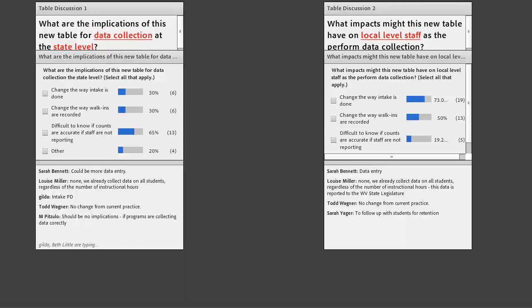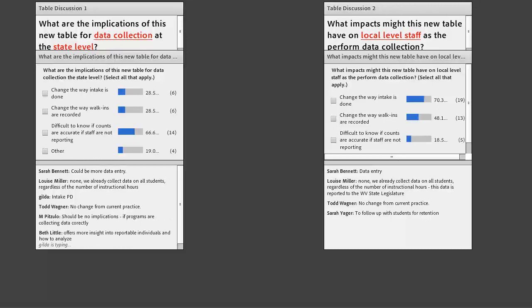For those who've selected other, on the state level side, we have things such as could be more data entry, none, they already collect all data, intake PD, no change.